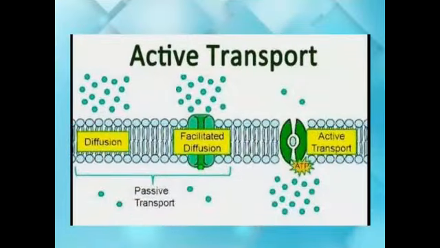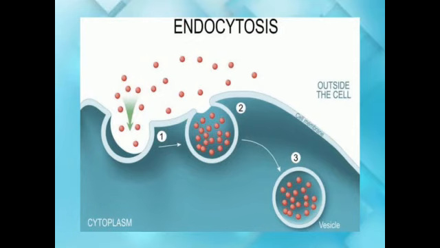Moving on to active transport. Movement of molecules from lower concentration to the higher concentration by consuming energy is called active transport. It is the reverse process of passive transport. In passive transport, no energy is required, but active transport requires energy.